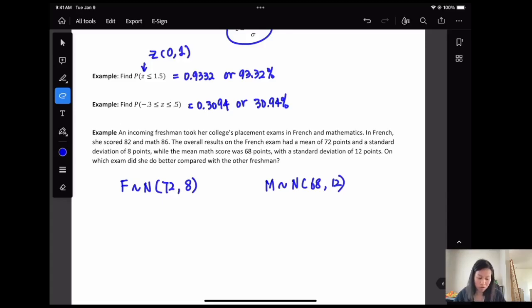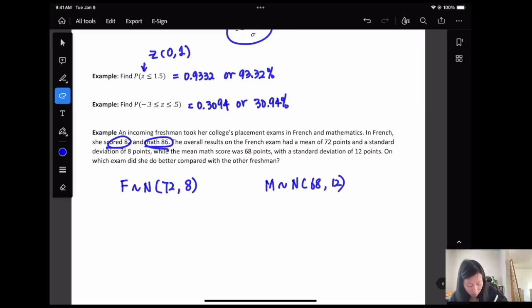It looks like she might have done better in math because she scored 86 and her French is 82, which is less. But we don't know, because they're on different scales. So it's better for us to check with the z-score.